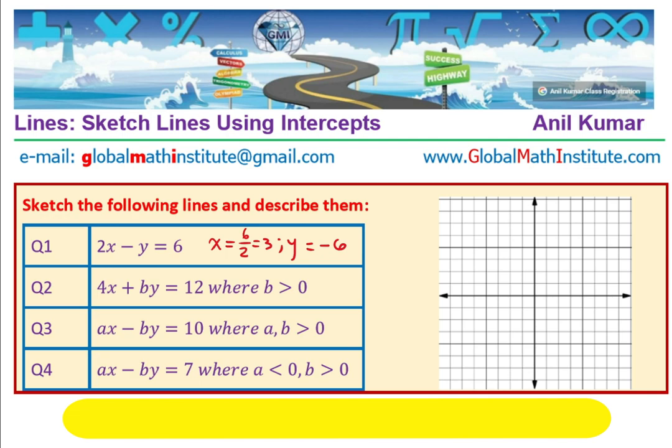The one which I drew, some other values were there. So that means that we have 6 here, minus 6, and 3, right? So we have a line which goes kind of like this. So this is our first line, which is question 1. So let's say line 1.